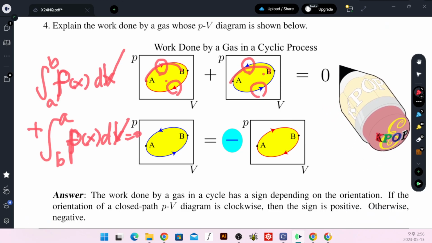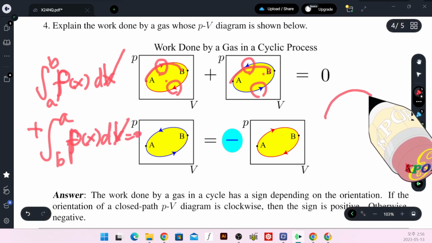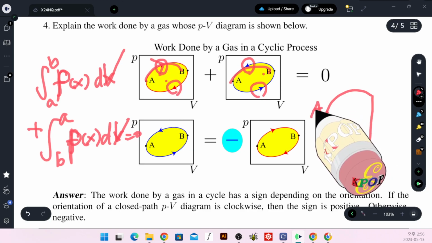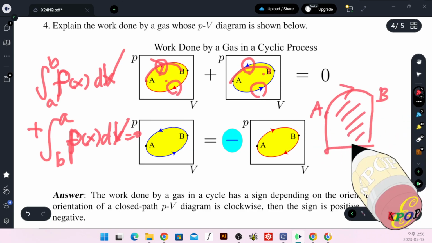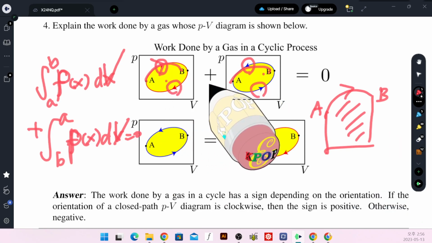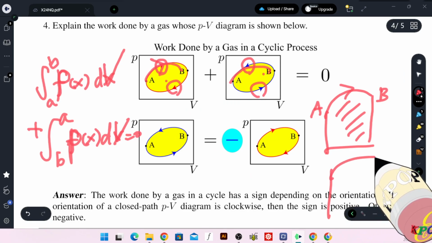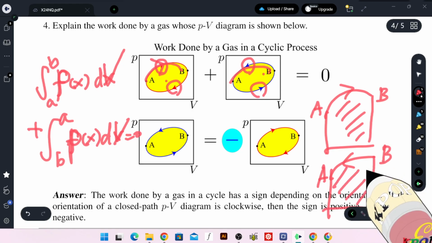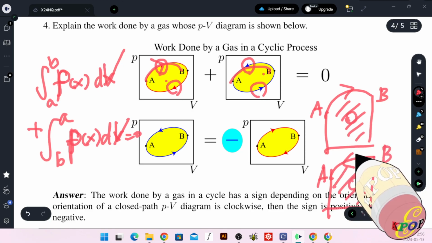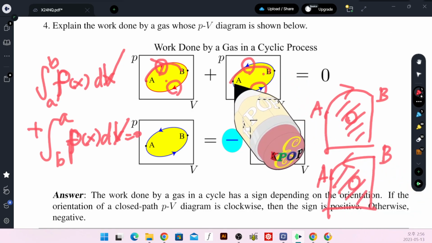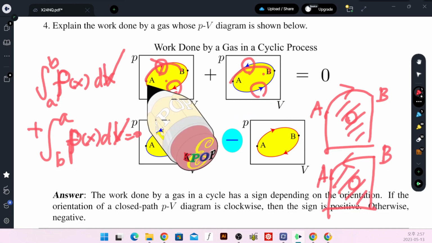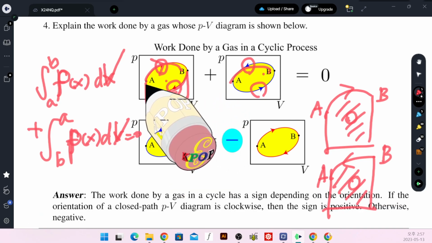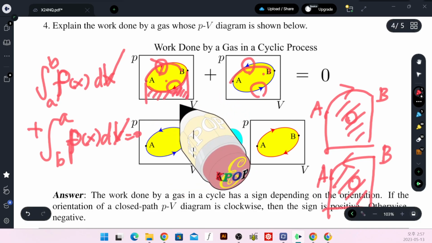By the way, because of this relation, the work done by the gas from A to B is positive. The work done by the gas from B to A along the upper path is the same in magnitude but opposite in sign, so it is negative work. On the other hand, the lower path from B to A is negative, and the amount is this.